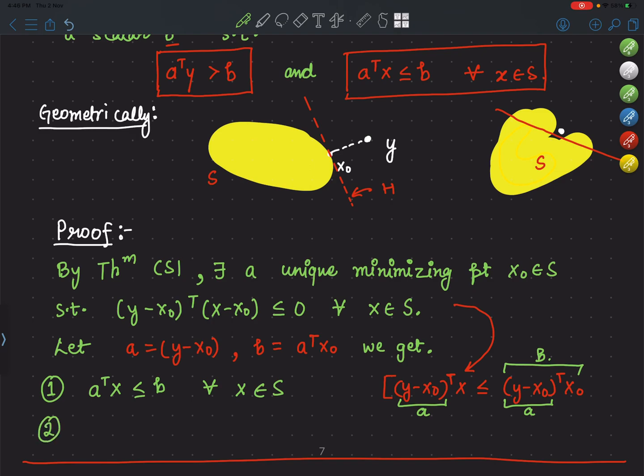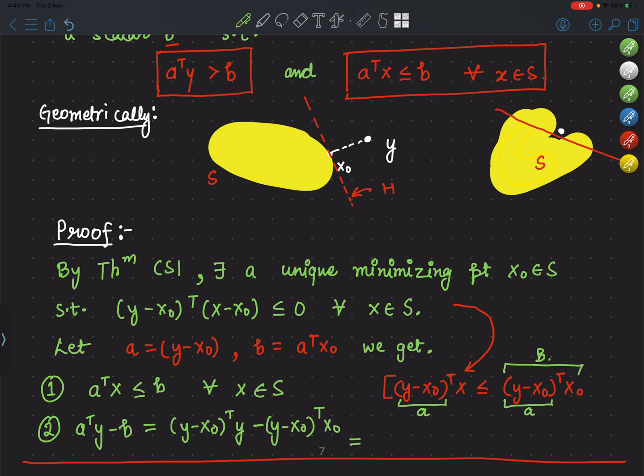and the second relation that we want to prove is, let's look at A transpose y minus B. What is this equal to? y minus x naught transpose y minus y minus x naught transpose x naught. This is what this means, right?